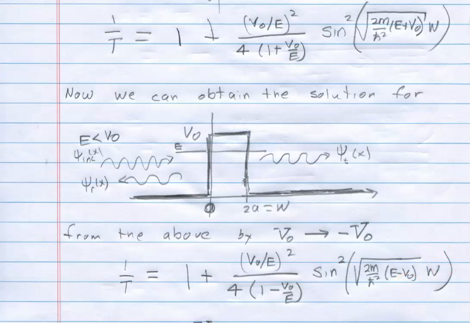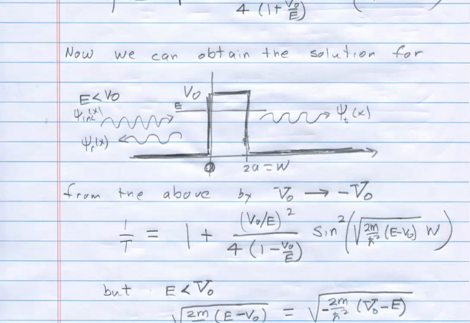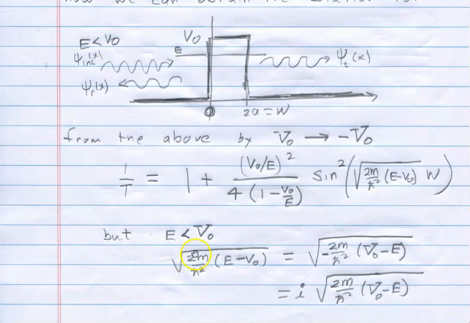So there's the expression. I need to be a little bit careful here because E is less than V naught. So this number here, since E is smaller than the top of the potential barrier, is negative, and so I should explicitly display that.